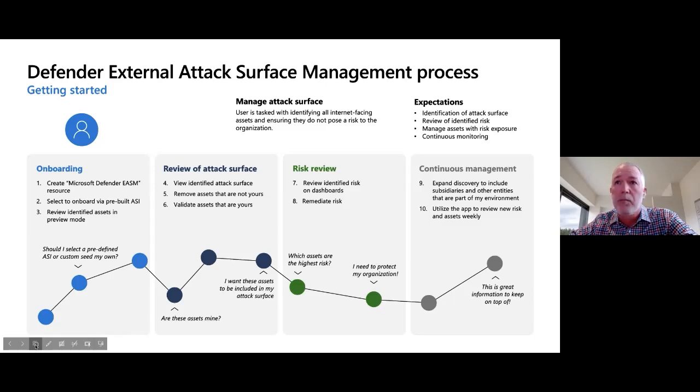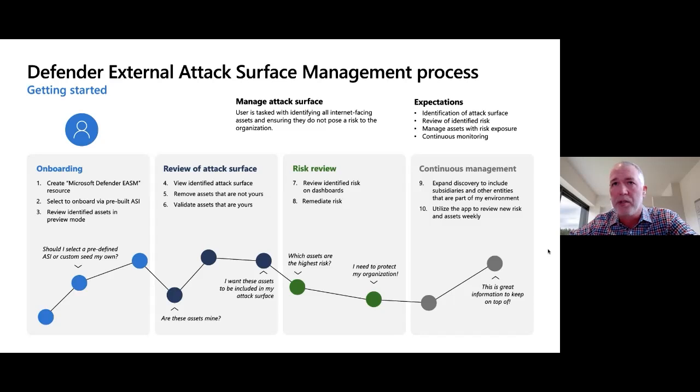First of all, we have pre-calculated the attack surfaces for tens of thousands of large organizations, and one option is to select one of those pre-computed attack surfaces from a set of seeds that is a good start for many organizations.